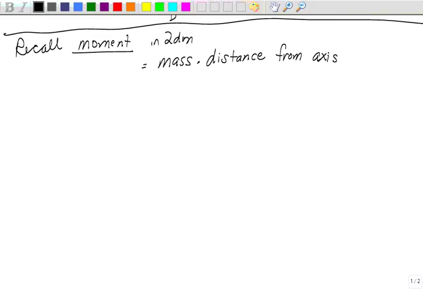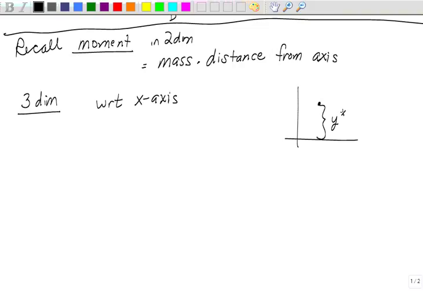So when we move this to three dimensions, and we do it with respect to the x-axis, then we have this point here, and that distance we'll say is y star.